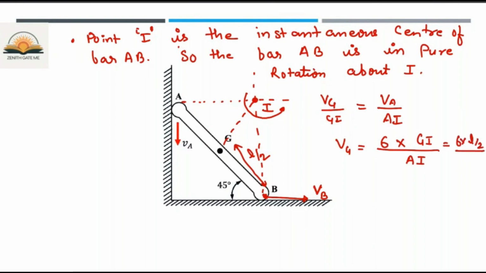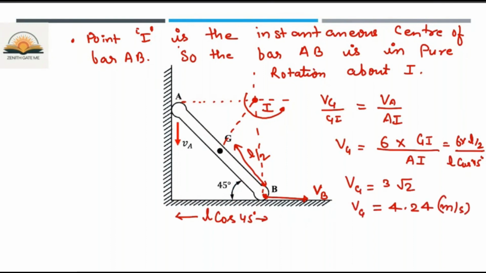Now what is the AI value? This is L. So can I say this angle is 45? Then it will be L cos 45 degrees. Now from here you will get the value 3 root 2, which is nothing but 4.24 meters per second.